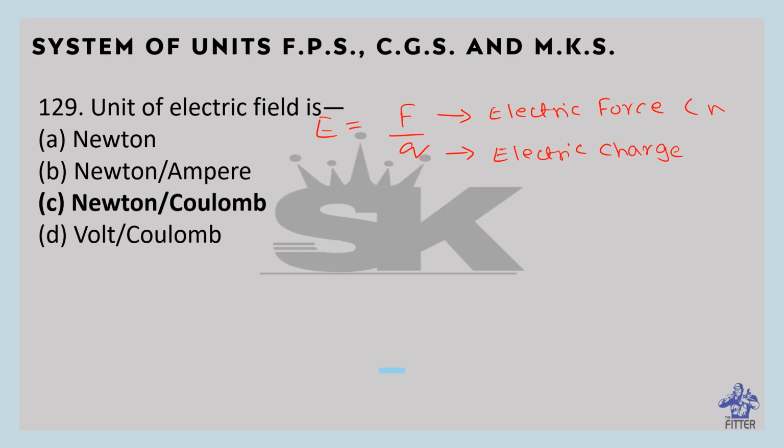Here the unit is Newton, here the unit is coulomb. So that's why we get the unit as Newton per coulomb.